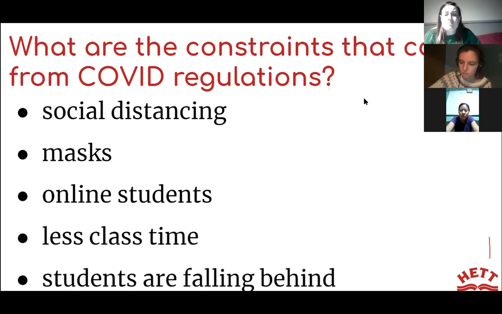Students are probably falling behind a bit. If they don't have classes, they're falling behind, but even if they're having classes, they might be depressed. Everyone might be depressed. It's a difficult situation.